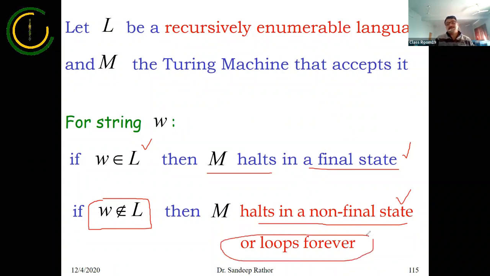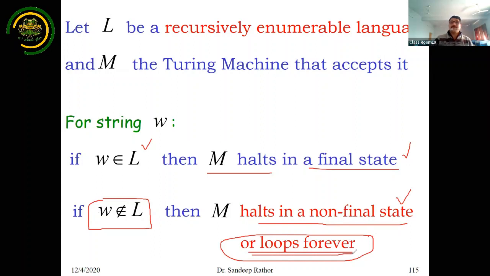So that means in case of recursively enumerable, you don't have the guarantee that you will definitely find the answer in the form of yes or no. In case of yes, you will find the answer, that's fine. But in case of rejection, it is not guaranteed that you will find the answer. So this is the important key point to describe recursively enumerable.